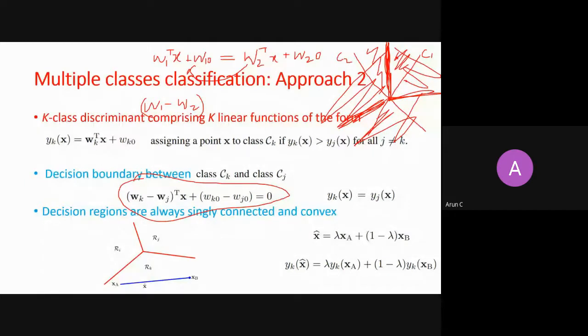So the idea is that for this K class discriminant, you are forming K hyperplanes. You feed your X to each hyperplane and find out the value it gives. Based on the largest value, you classify it to the corresponding class. Simple.